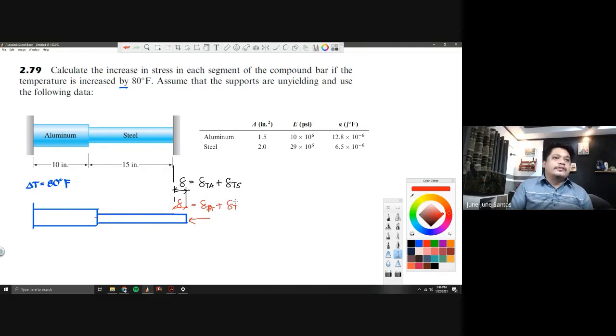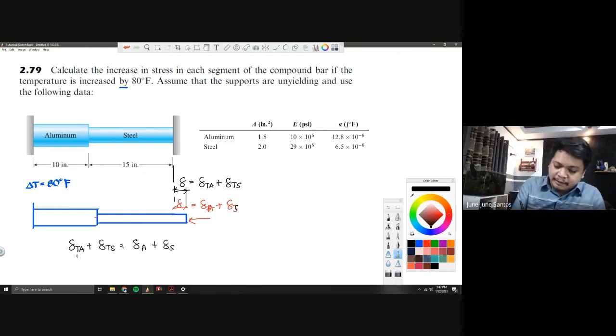Okay? So, our working equation: deformation of the aluminum due to temperature plus deformation of the steel due to temperature is equal to the deformation of the aluminum due to the force P plus deformation of the steel due to the force P. Okay? That easy.